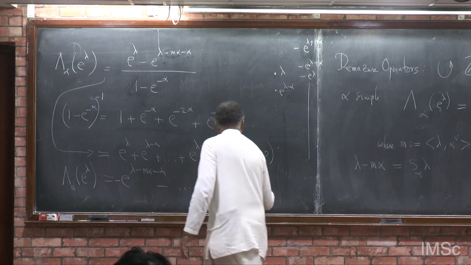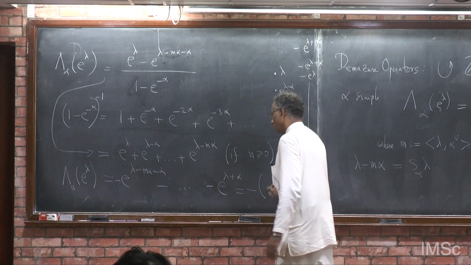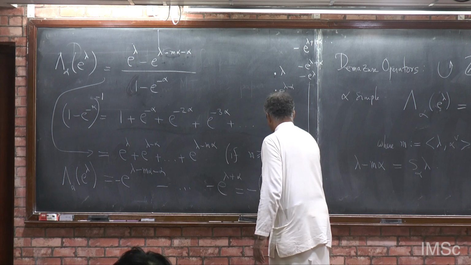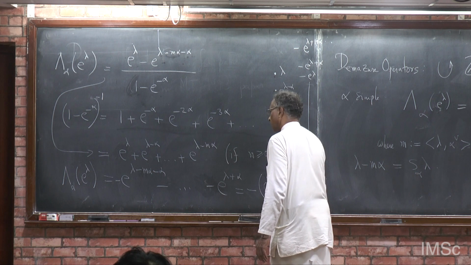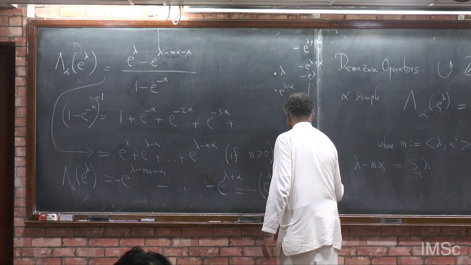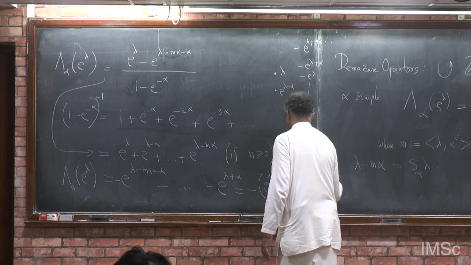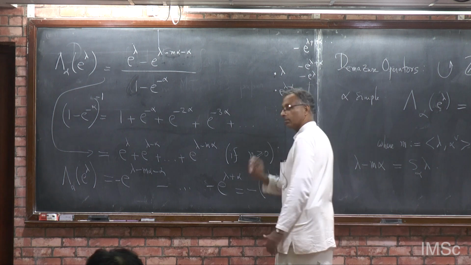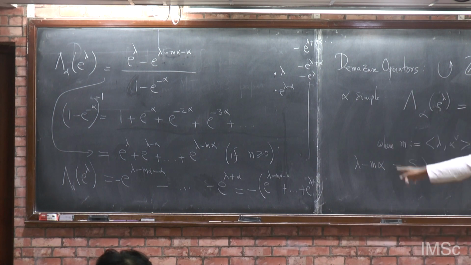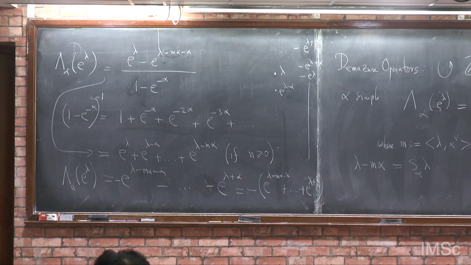So it's minus of e to the lambda minus m alpha minus alpha minus e to the lambda plus alpha. Thank you. So when I do these calculations, I never write them out. I just draw dots. That's my problem. I have to try. So let's draw these dots very soon.